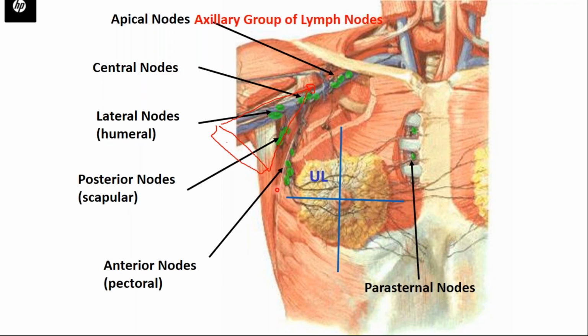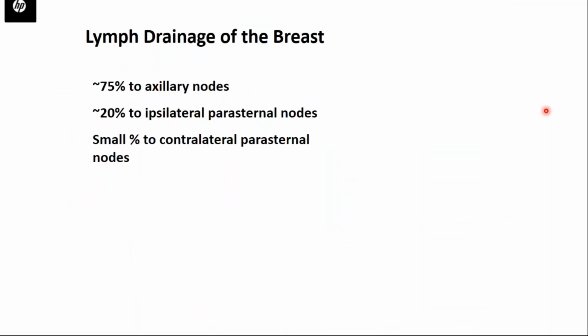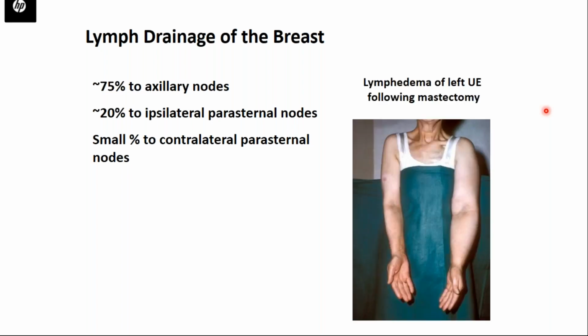So when you examine the axilla in a person with cancer breast, you should examine not only the affected side but also the unaffected side, because the cancer cells can spread from right towards the left. So that's why this is very important.